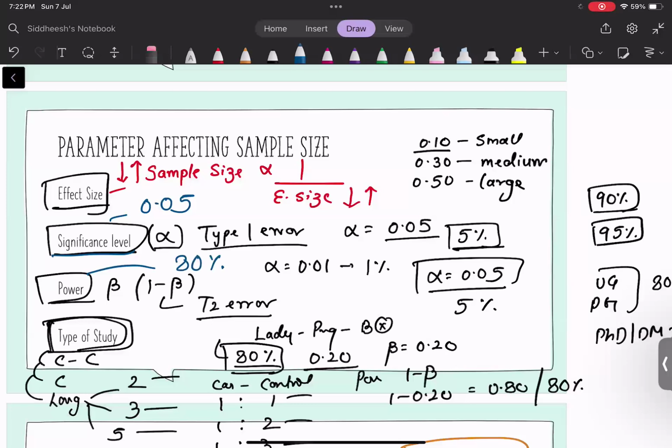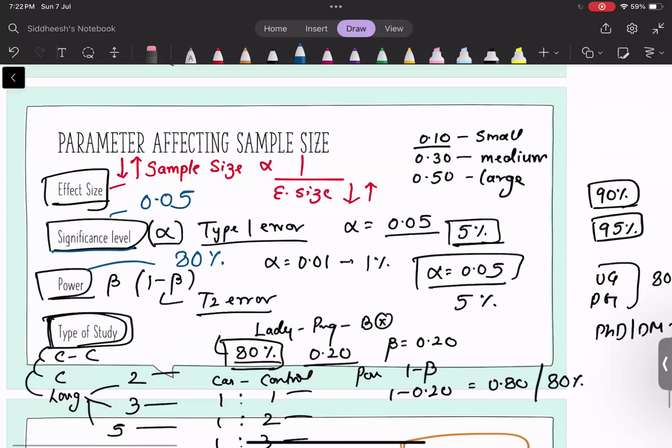Simple. This is what I want you to remember. Type of study, leave it to us. Effect size, this is our part. But for the significance level, try to maintain 0.05. For the power, try to maintain 80%. That's it. So this was all about the sample size calculation. Do you have any doubts or any questions?